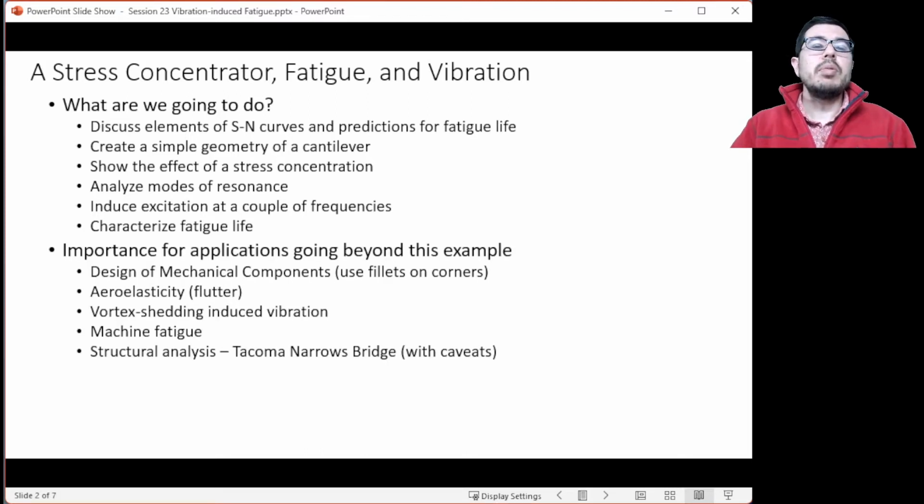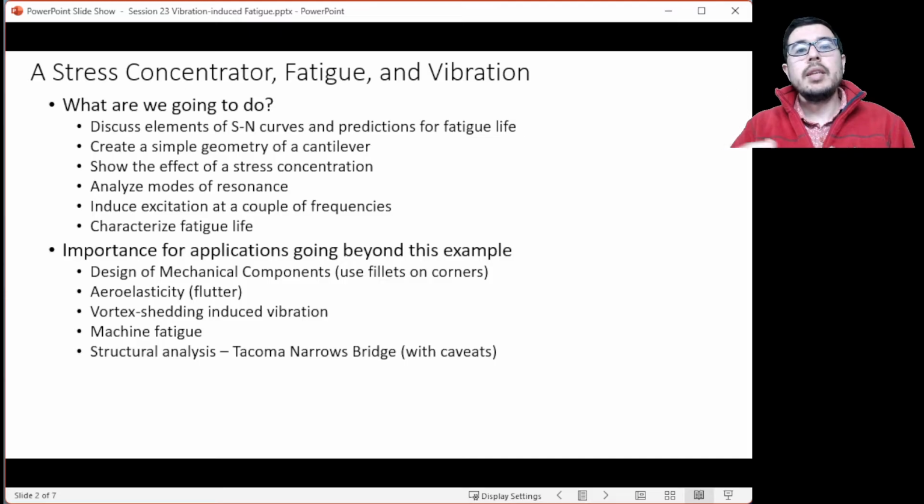This work is important for applications that go beyond the simplistic example that we're going to share here. You can think of examples in design of mechanical components, for example, using fillets on corners, aeroelastic flutter, vortex-induced vibration, machine fatigue, or structural analysis, like what you might see with a Tacoma Narrows Bridge.